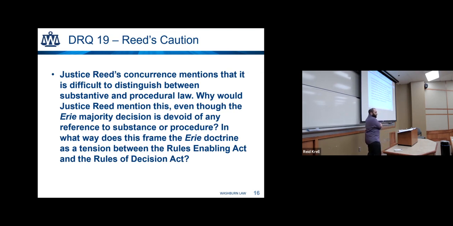Ms. McHenry, I'd like to talk to you about the concurrence from Justice Reed. There's only one sentence of it in the book, and that's all we need for right now. So why is it, and it may be helpful to think back to Tuesday's conversation when you answer this, that Justice Reed goes out of his way, writes a separate opinion to make the point that federal courts have control over procedural law, even though the Erie case has nothing to do with the substance-procedure divide?